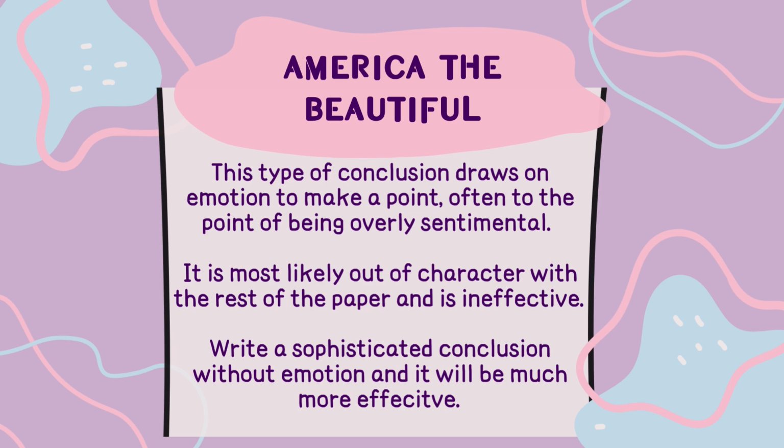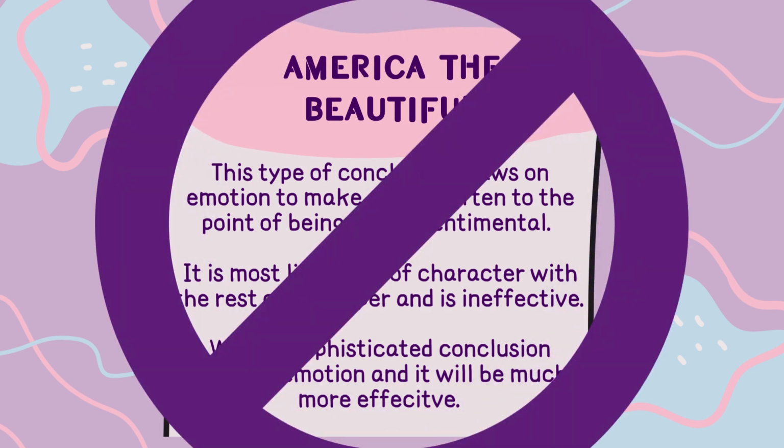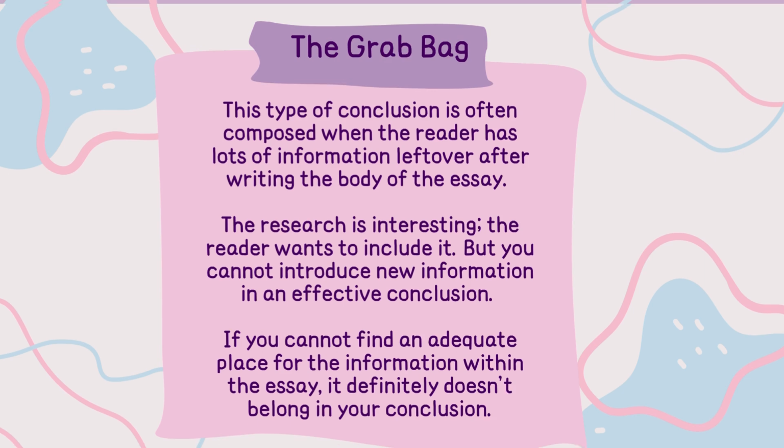You don't want to be so out of character from the rest of the paper that it draws away from the points that you've made and the academic tone that you've created. It's an ineffective way to write. You want to write a sophisticated conclusion that doesn't have a lot of emotion in it or none at all, and you're going to be much more effective. The only real emotion that you want to create in your paper is in your statement of universal truth, and you do not want to go overboard.